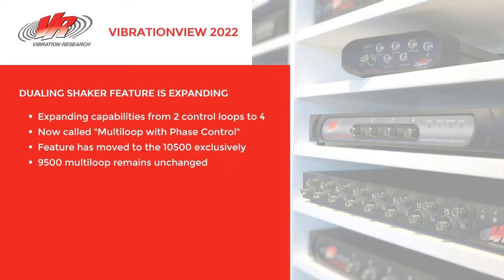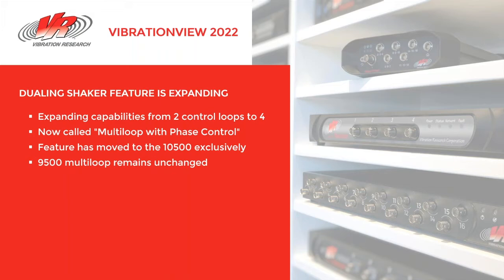All right, multi-loop with phase control. This used to be the dueling shaker feature, if you're familiar with that, on the 9500. We've taken that capability and expanded it from 2 control loops to 4, and I'll explain what this feature is for those that aren't familiar with it. We renamed it to be multi-loop with phase control, and we moved it exclusively to the 10500.